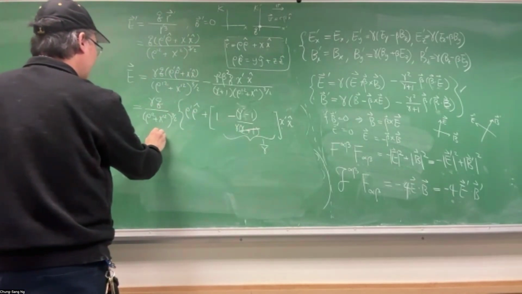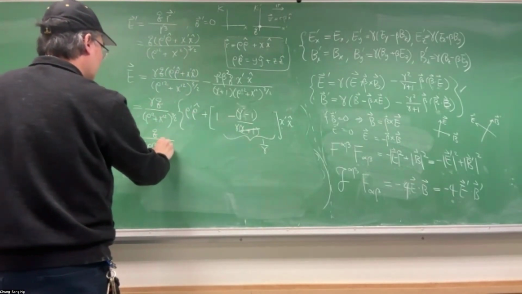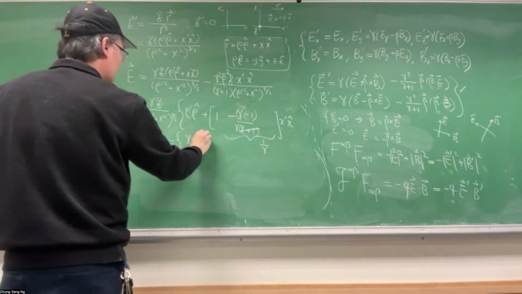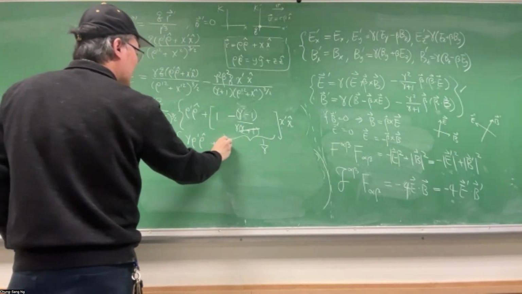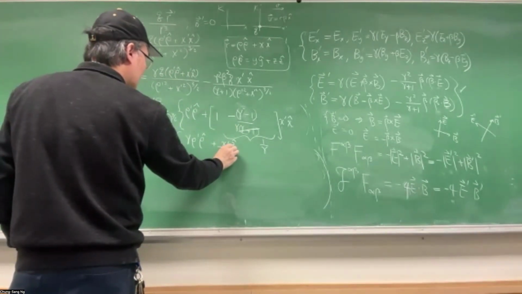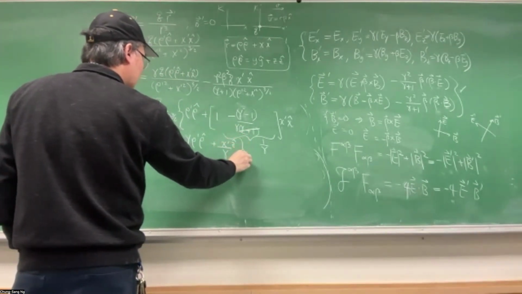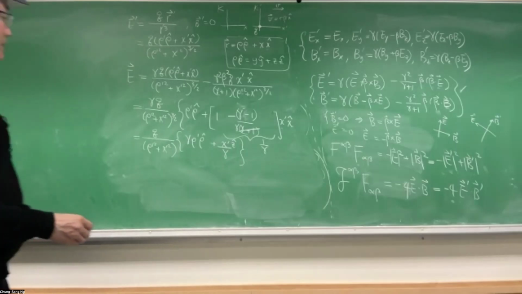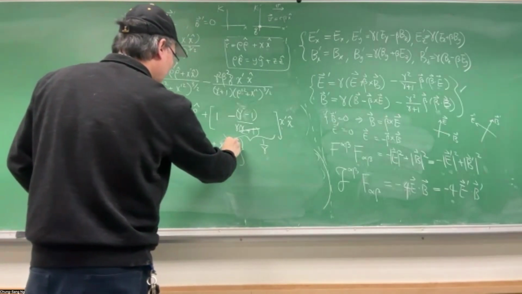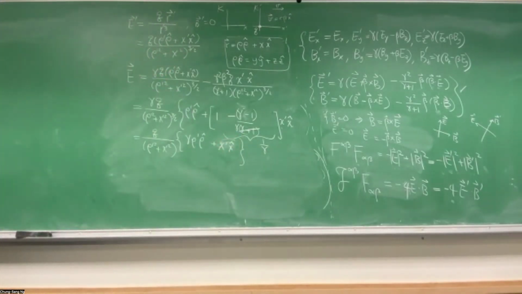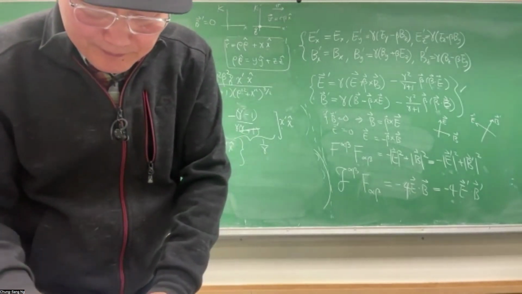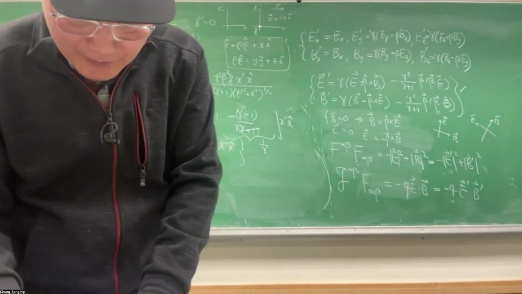So it's here, gamma Q plus x prime over gamma. The gamma cancels, this x prime, this x prime, x. Okay, so Jackson has an expression.